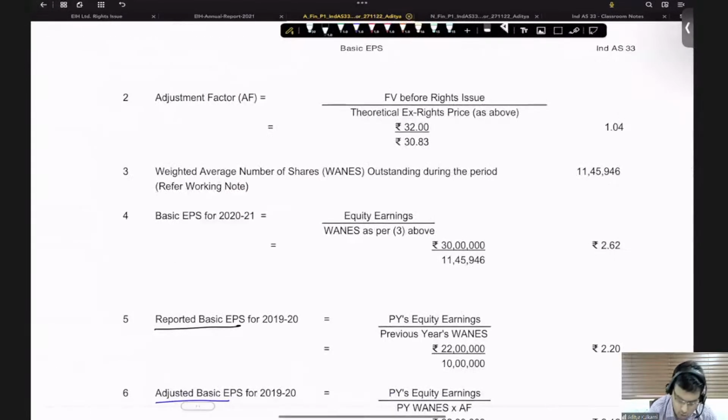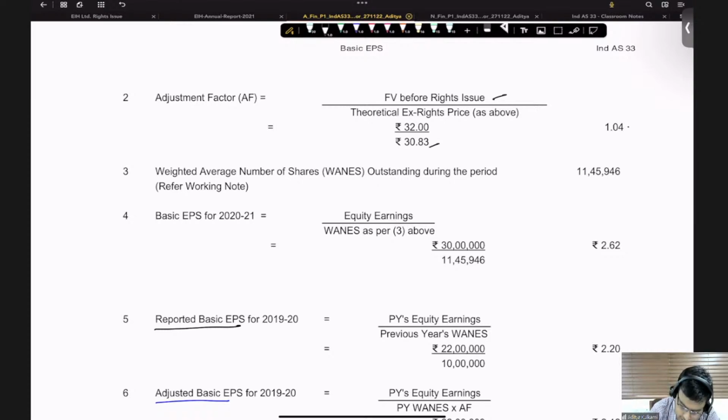Now coming to the adjustment factor. Sir, what is this adjustment factor? This is what the standard has told. Calculate an adjustment factor being 32 divided by 30.833. What is this? This is nothing but fair value before the rights issue divided by ex-rights price 30.83.